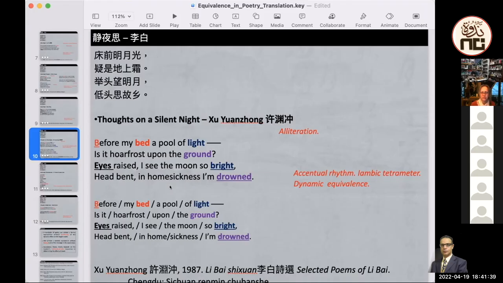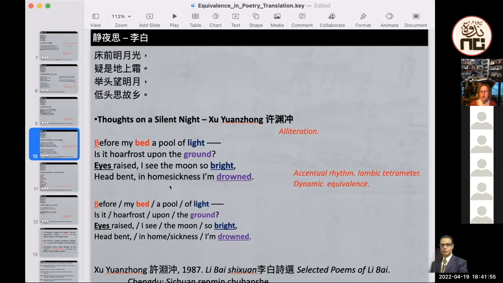just for the sake of fun, I can bet that they cannot. And it will be very difficult. It will be very, very difficult and they may come up with a version that's not even half as good as this one.